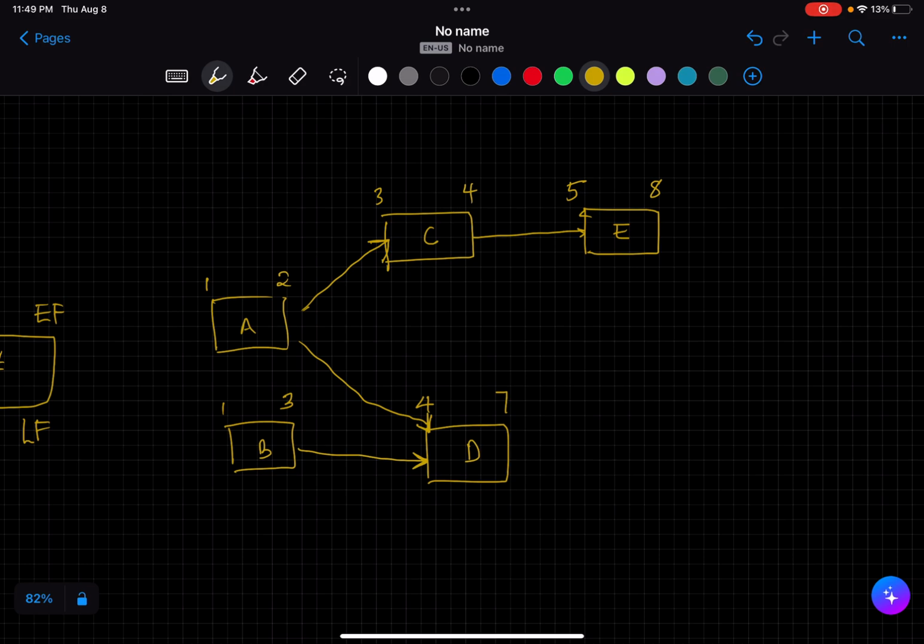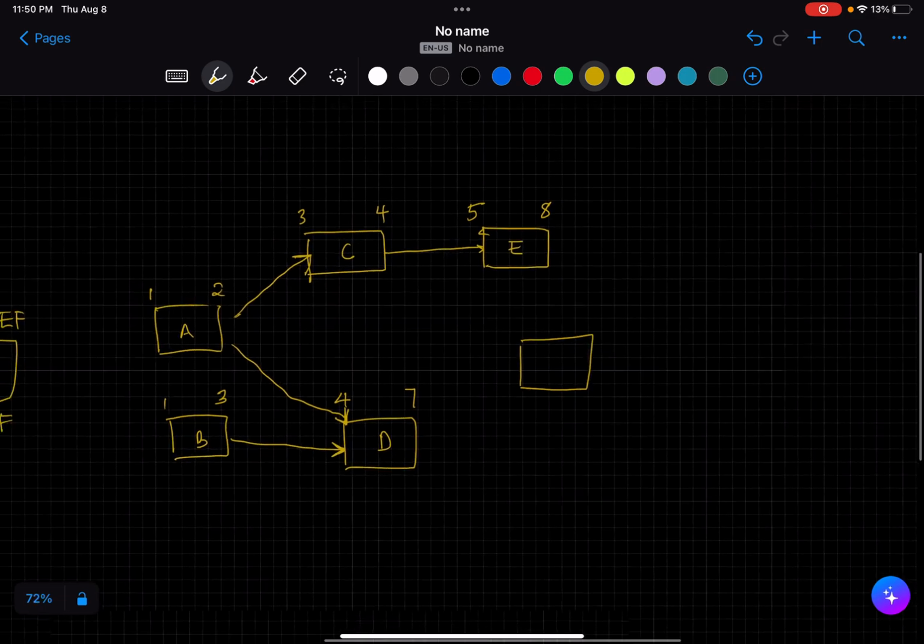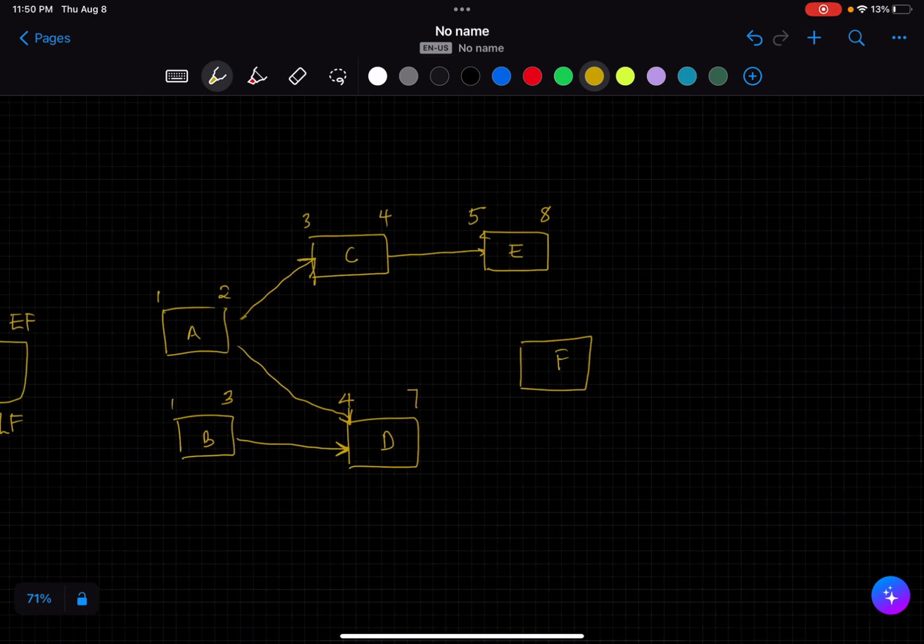We also have F that starts after C as well. Very similar to this, let's put our F down here. This is F. It starts on week 5 and lasts for 3 weeks, so this will go up onto week 7.